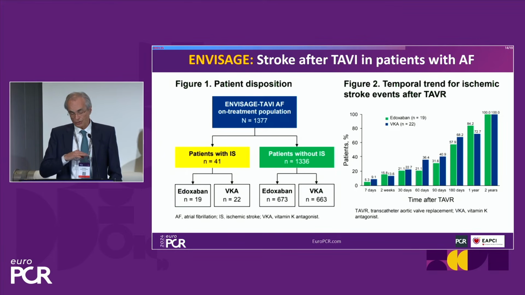If you look at the occurrence of the stroke, depicted on the right-hand side, you see that the stroke rate goes up continuously over the duration of 1 year or 2 years. Just as small information, we see over time that edoxaban-treated patients, in green, have a little less occurrence over the course of 1 year.